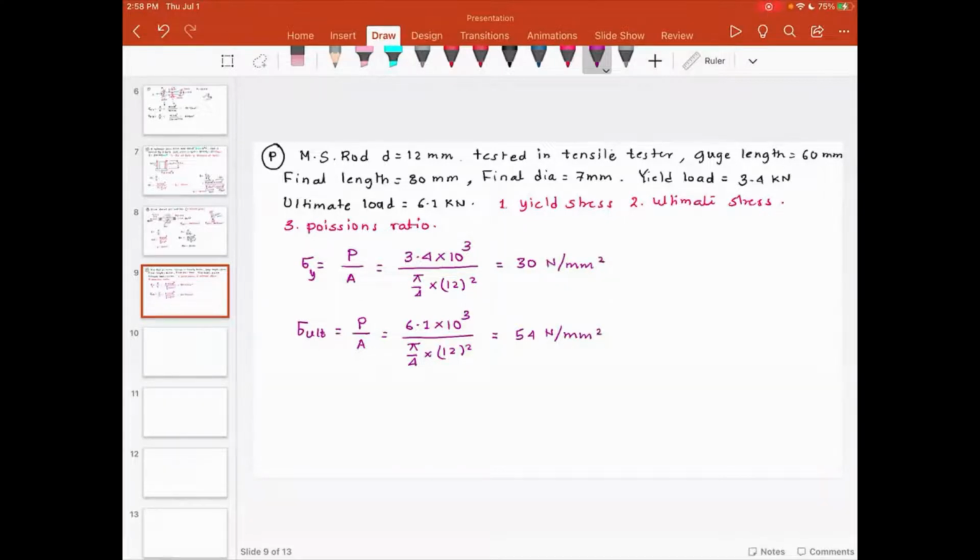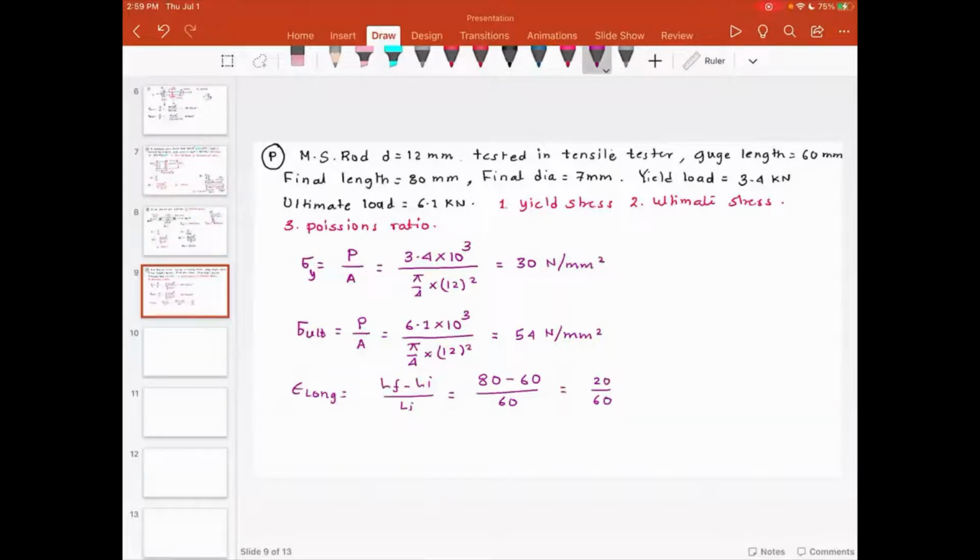And then if you want to find out the longitudinal strain, it is the final length minus initial length divided by initial length. Final length is 80. Initial length is the gauge length, so it is 20 by 60.